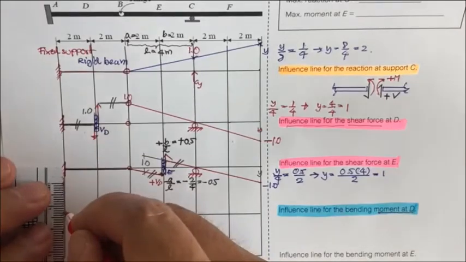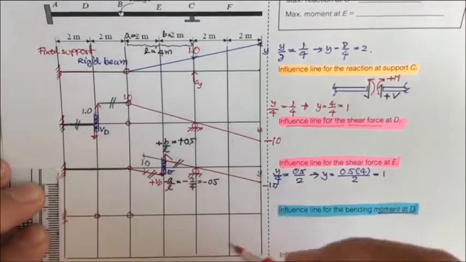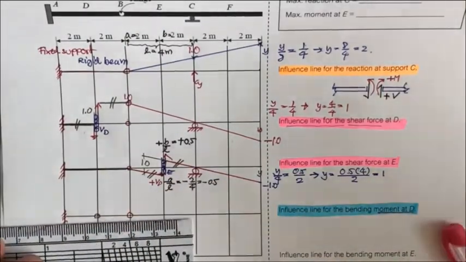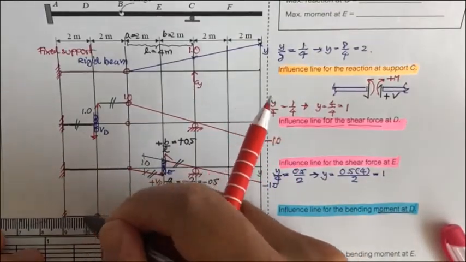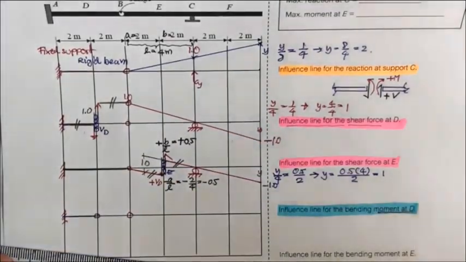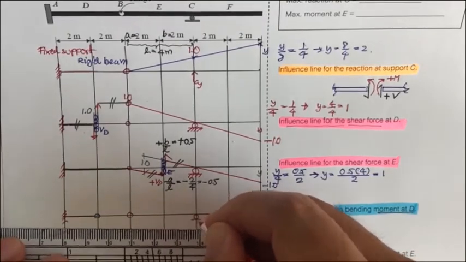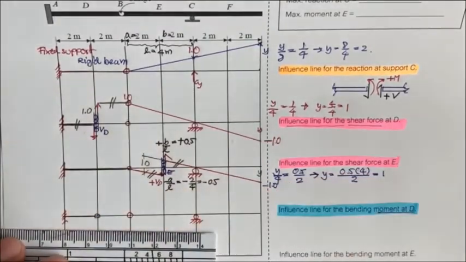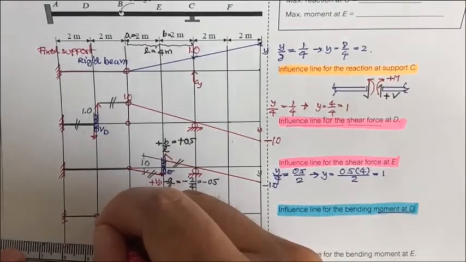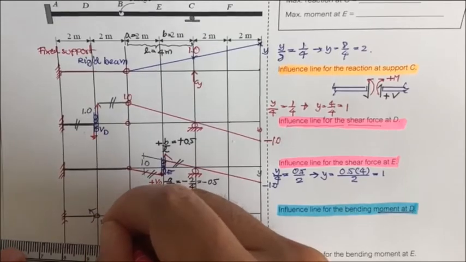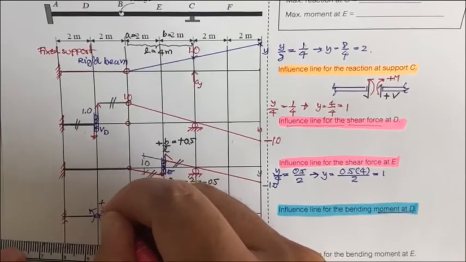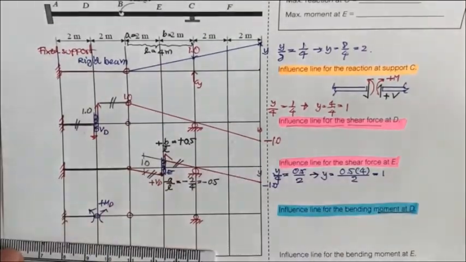This beam is rigidly connected, same as before, and the roller is here. Then we just put the moment M sub D, positive M sub D, here.